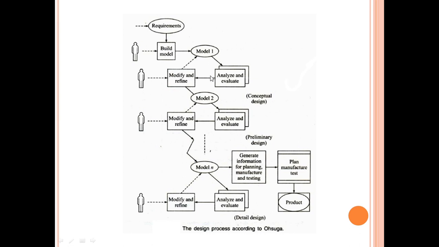So you create model two. There are some modifications. Again, you analyze to modify those things. It goes for n number of models. So the first layout is the conceptual model. This is the preliminary model. N number of times you will create it for planning, manufacturing, and testing. In that testing, you go for a plan, manufacturing, test, and finally get a product.